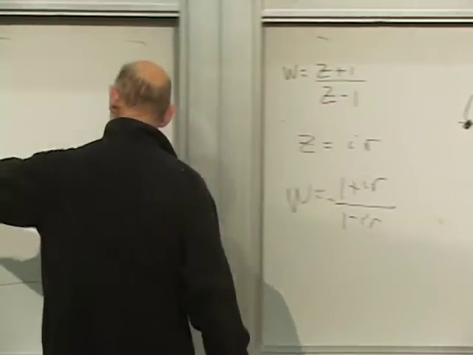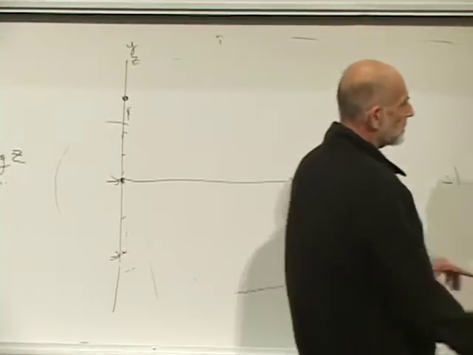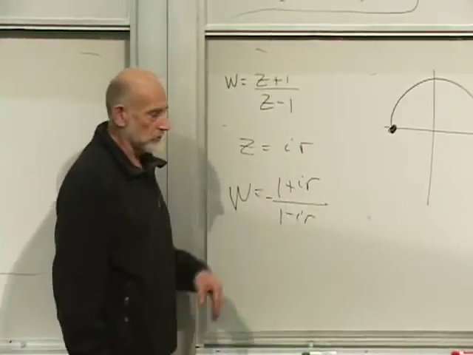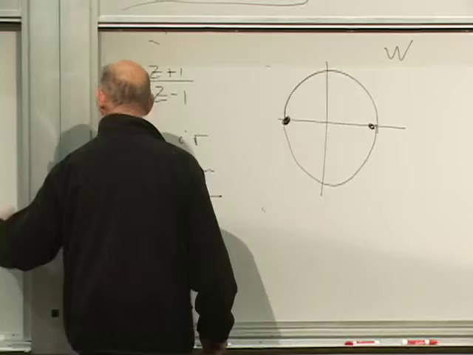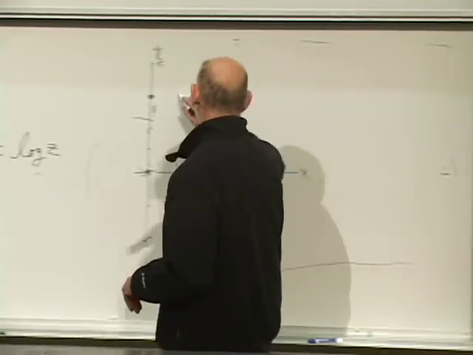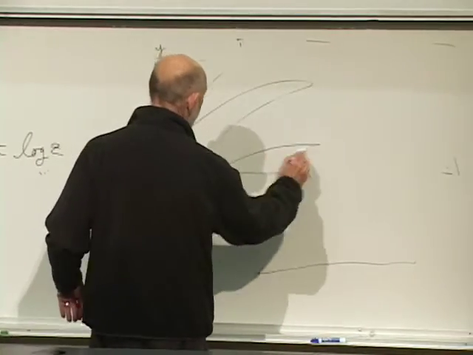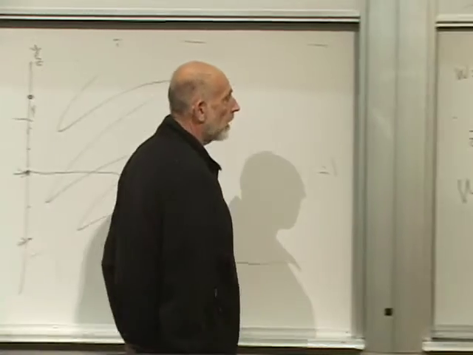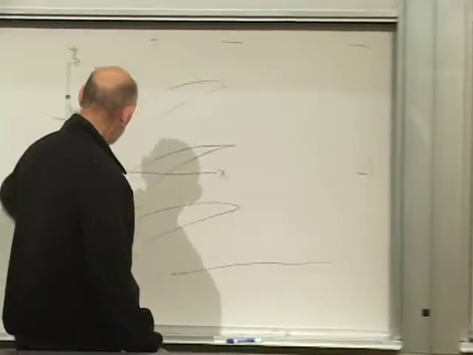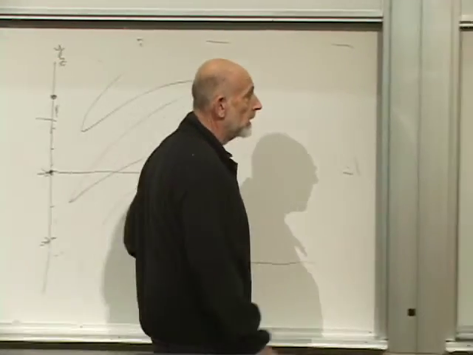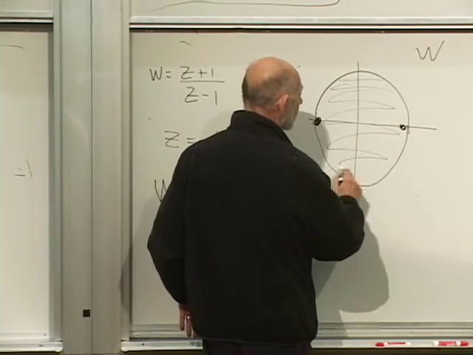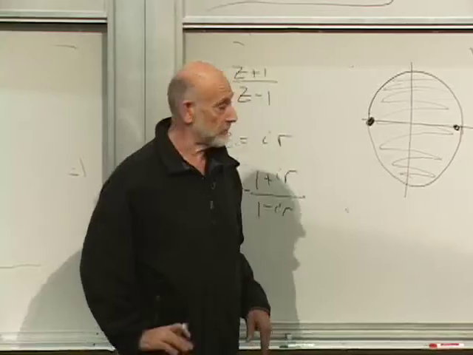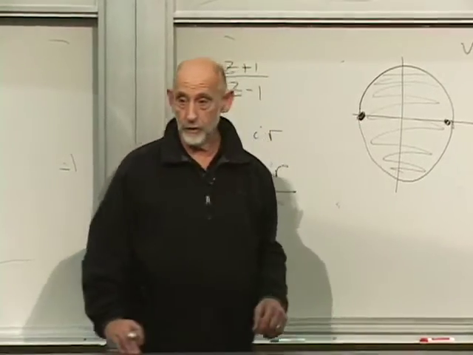How about the lower half line here? It also lies on the unit circle. So when Z varies over the entire half plane, W varies over the unit disk.